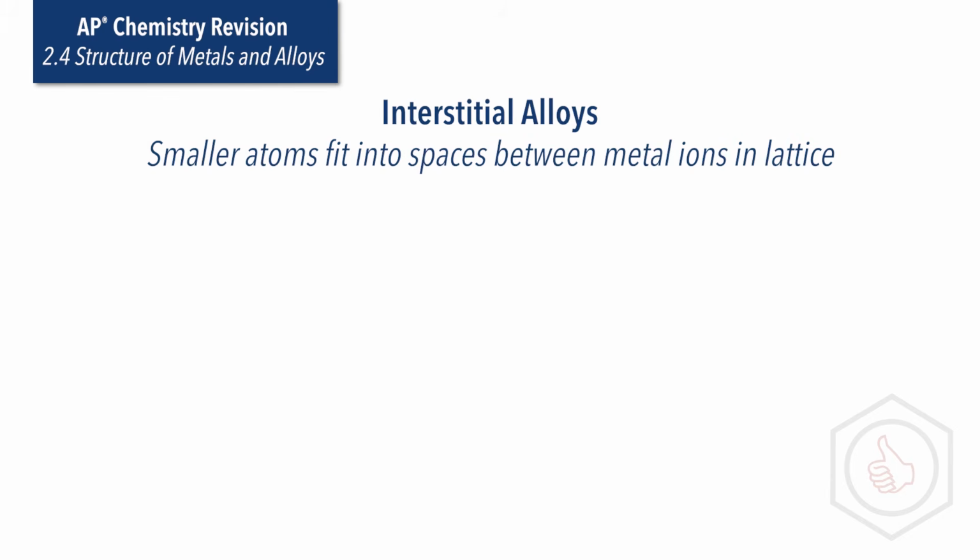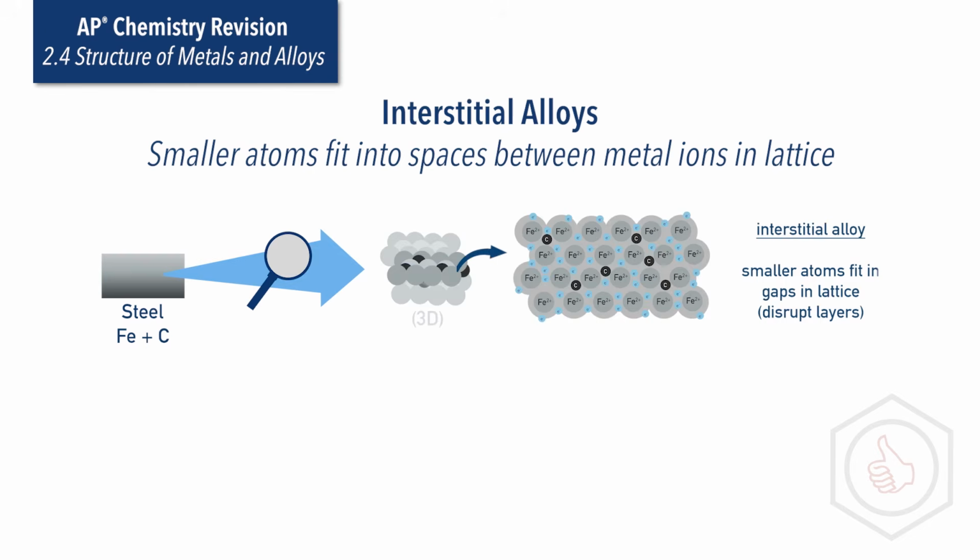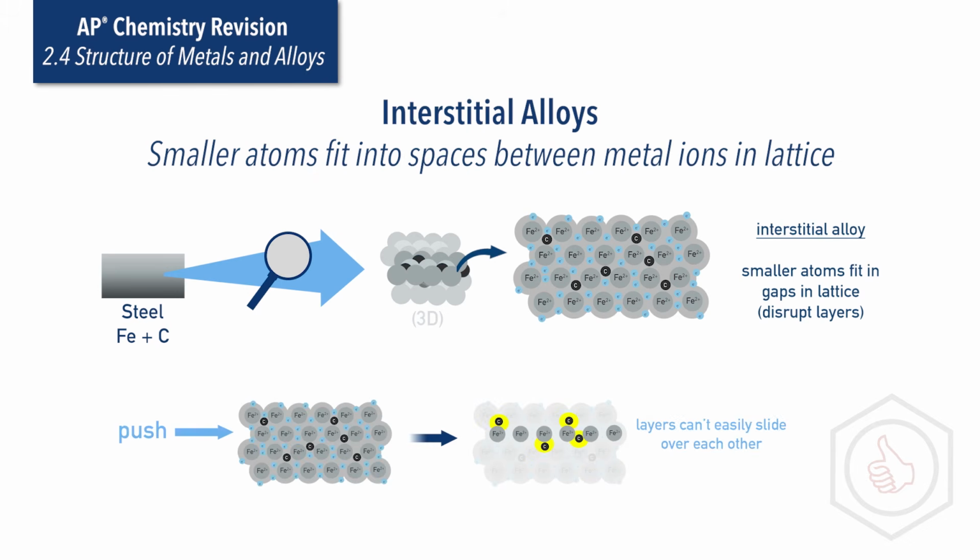For example, steel is an interstitial alloy composed of iron and carbon. The atoms added have significantly different radii to the metal ions in the lattice, and this means the layers of metal ions can no longer easily slide over each other, which makes the solid stronger and harder.